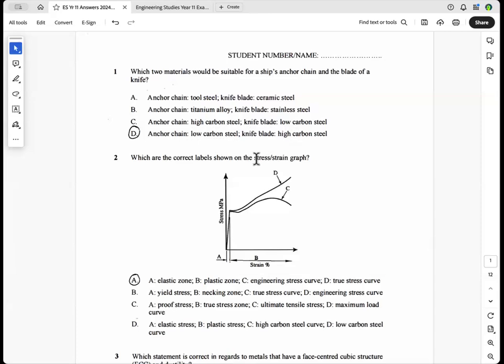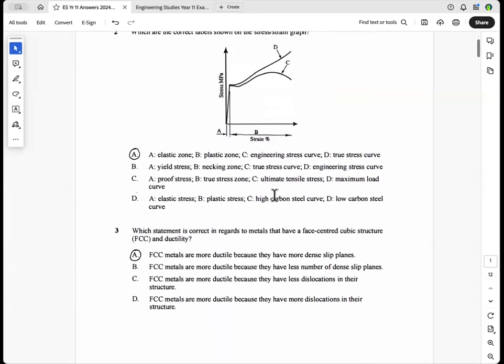Which are the correct labels shown on the stress strain graph? This part here is the elastic limit, and this right up the top here is the limit of proportionality, so that when you extend a tensile piece, if you extend it to the limit of proportionality, theoretically, it'll go back to where it was.